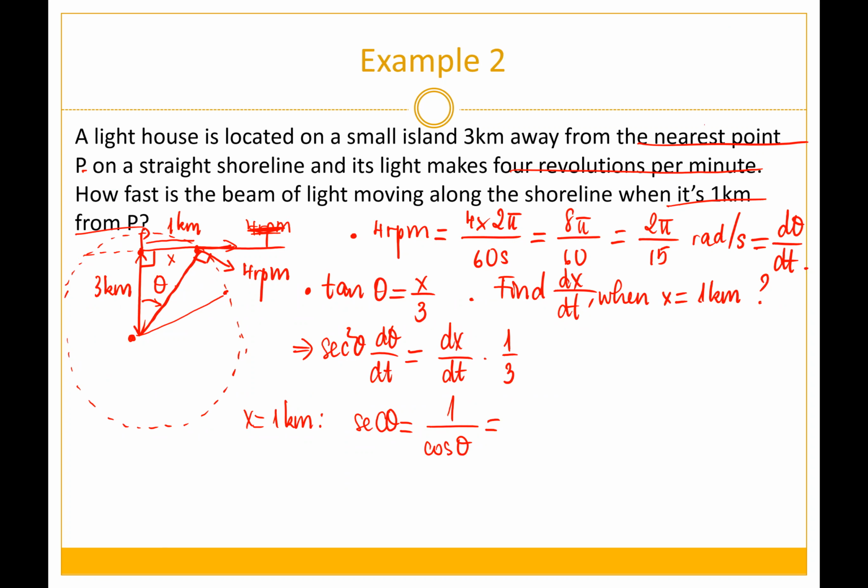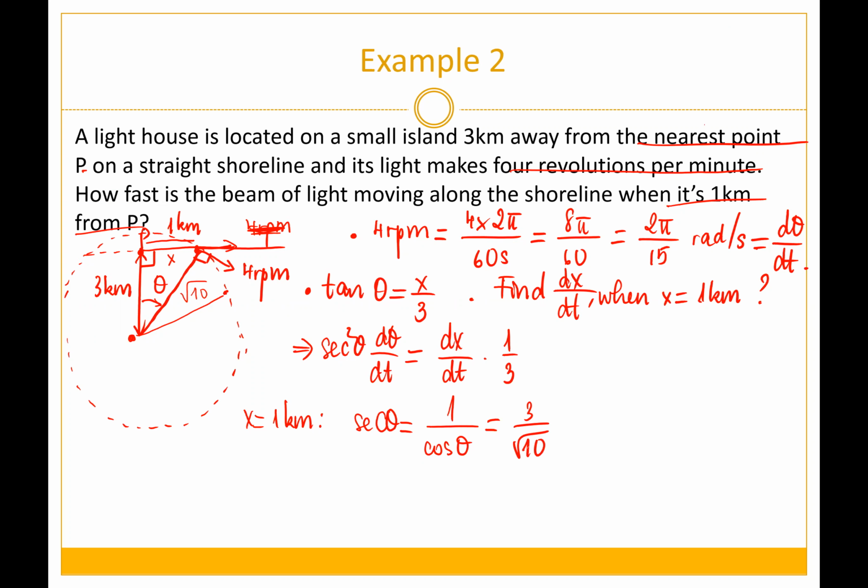And at that point, by Pythagorean theorem, the hypotenuse is square root of 10. So it's going to be hypotenuse divided by adjacent, which is square root of 10 divided by 3.